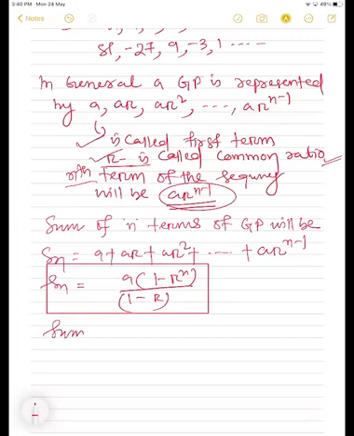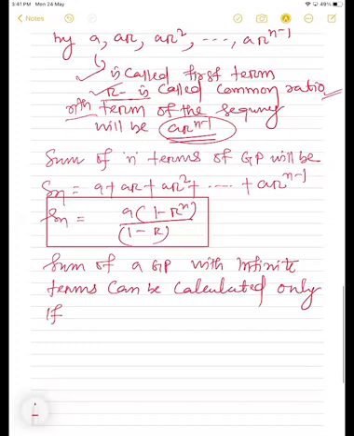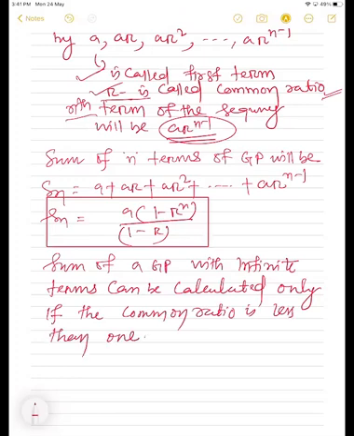Right, sum of a geometric progression with infinite terms can be calculated only if the common ratio is less than 1, correct?